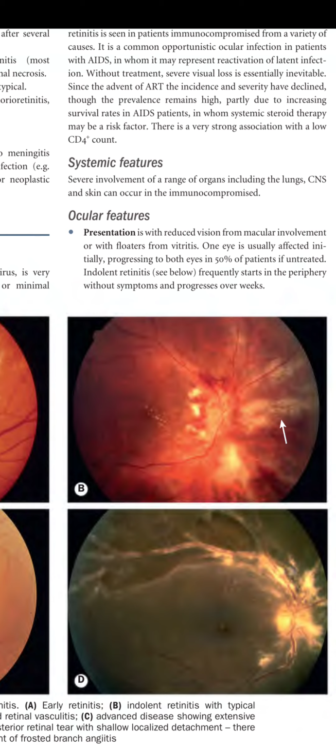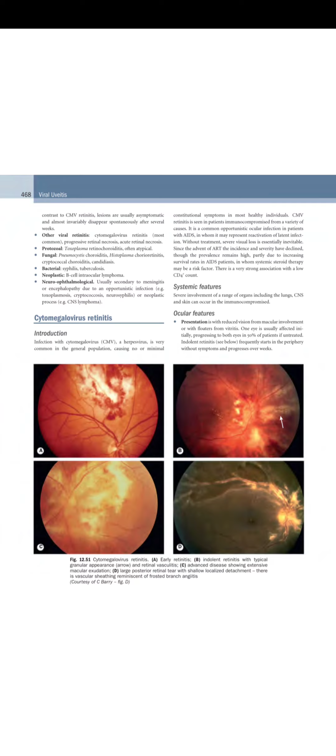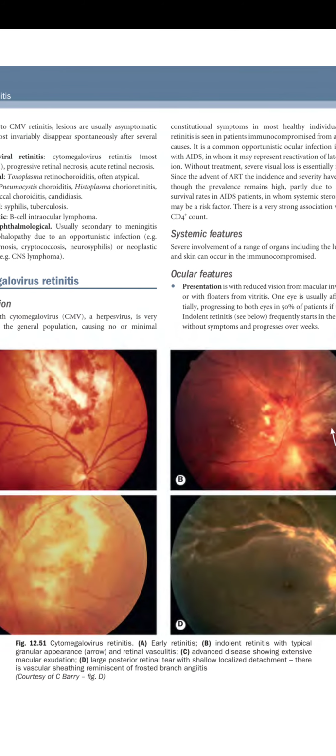So if the macula is involved, the vision will be reduced, and if there is vitritis, there are going to be floaters. One eye is usually affected initially, progressing to both eyes in 50% of patients if untreated. Indolent retinitis frequently starts in the periphery without symptoms and progresses over weeks. So it starts at the periphery.